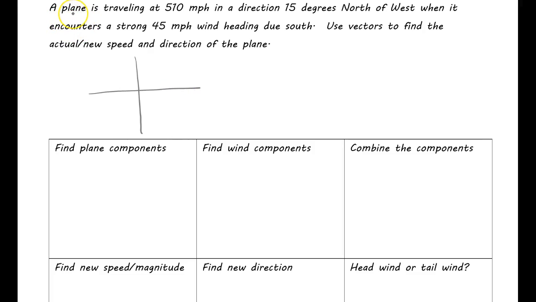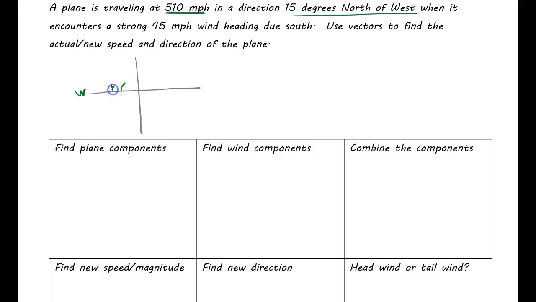So the plane, I'm going to do the plane in green. And he is going 510 miles per hour. Okay, in a word problem, the speed is the magnitude or the length, okay? And here's our direction, 15 degrees north of west. So where's the west? The west is over here, and I need to go 15 degrees north of that.